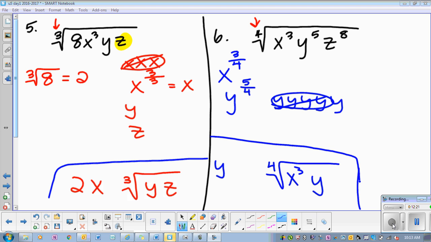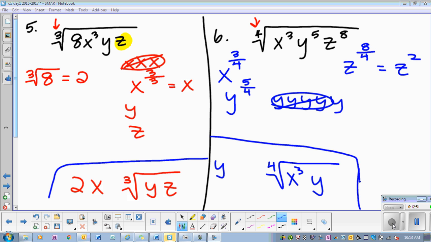So then let's look at the z's. How many z's do I have? 8. And the root is 4, so wait a minute. If I think about this, hold on. 8 divided by 4 is what? 2. So if I wrote it as power over root, then that gives me 2. Then I could go, all right, well then that simplifies to z squared. Think about it in the groups.